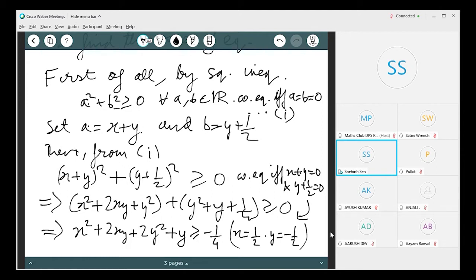So just write it down properly. This is the process which you should use. You have some known inequalities and you go from there to the right hand side. Otherwise, sometimes some silly mistakes might occur.